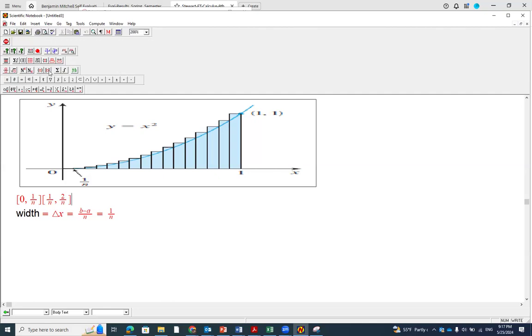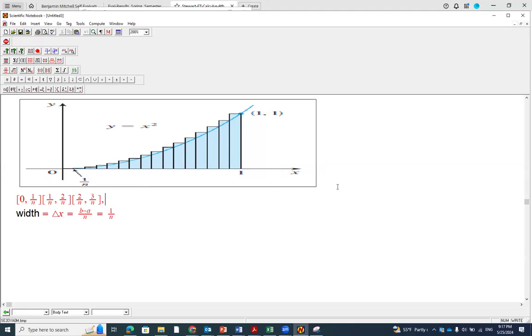And the third subinterval is going to be 2 over n to 3 over n. This example has this convenience, so that's why we use it, because it makes things easier. And we keep going.